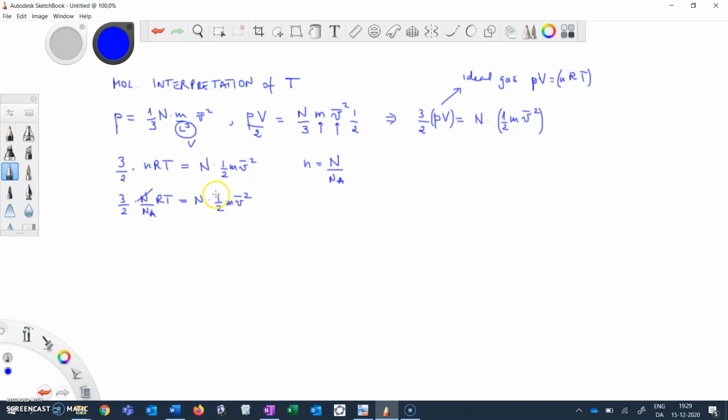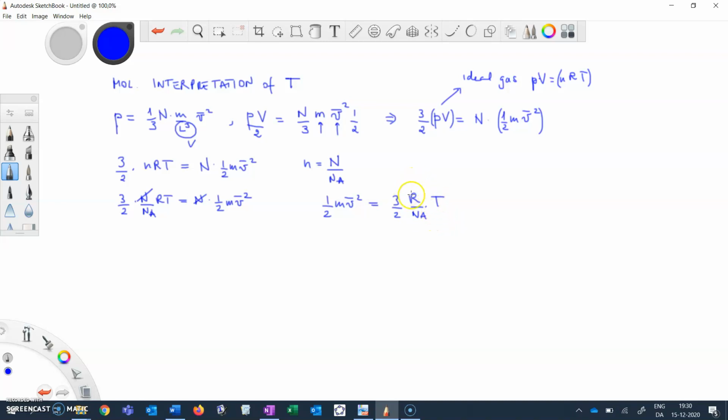And now capital N, the number of particles, can be canceled out. And therefore the kinetic energy of the single molecule can be expressed as 3 over 2 times R divided by Na times the temperature.